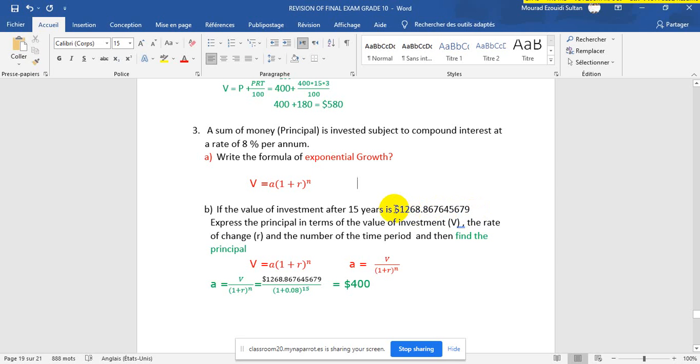The unit is dollar. The question, look here: express the principal in terms of the value of the investment V, the rate of change R, and the number of time periods, and then find the principal. You see? And the last question, this question number 3, in fact, tells you to write the exponential growth formula, then tells you to express A.